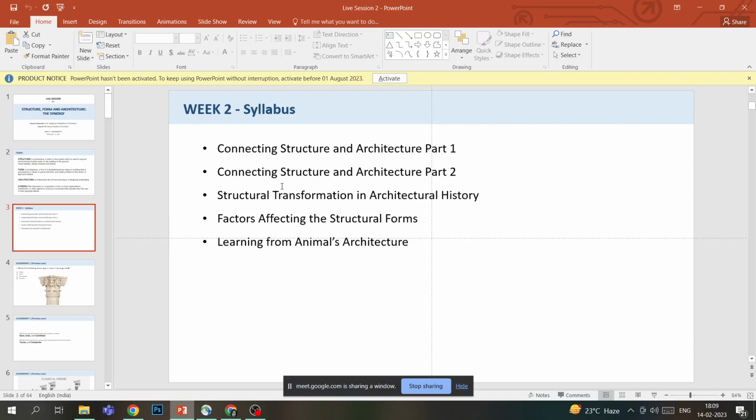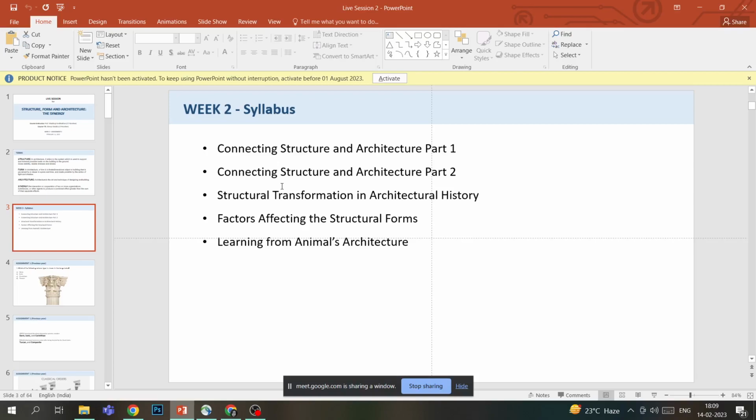Different parts of the world have different religions, and religions have always influenced the architecture of that time. With time, technology also evolved, and all these factors have led to the transformation in architecture and structure. All of that is covered in this lecture, from prehistoric to contemporary time.